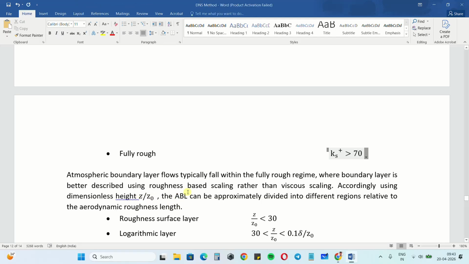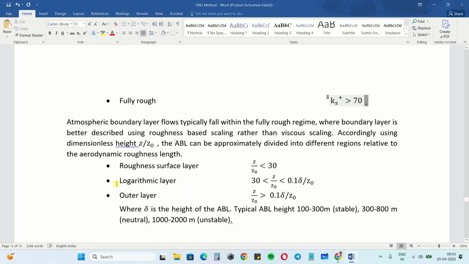Okay, and we have characterized the atmospheric boundary layer according to this ratio, and we want to place our first cell height accordingly in this range, where the z is between 30 times z0 and 0.1 times delta, delta being the height of the atmospheric boundary layer.